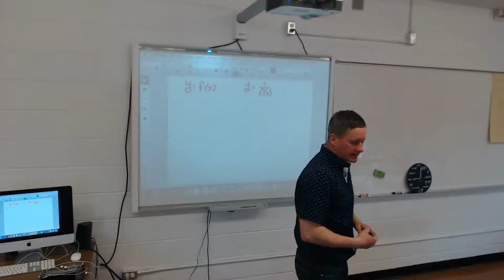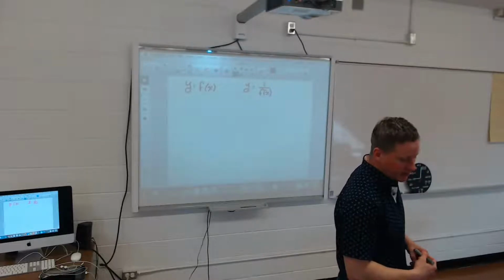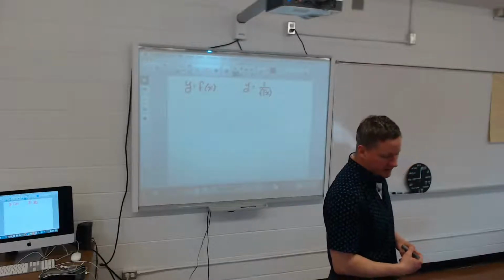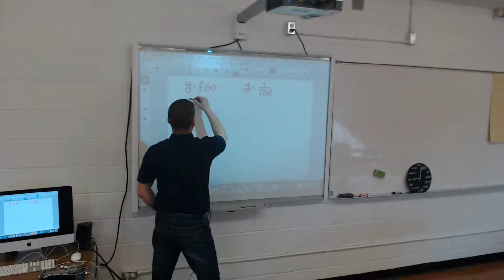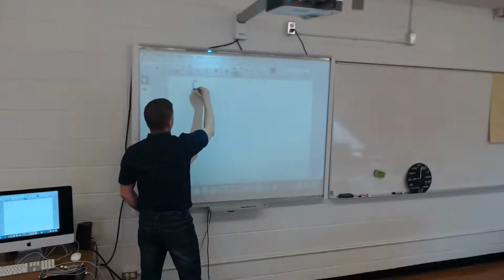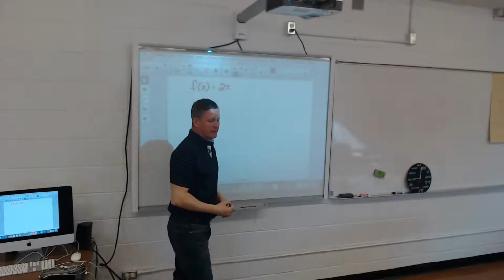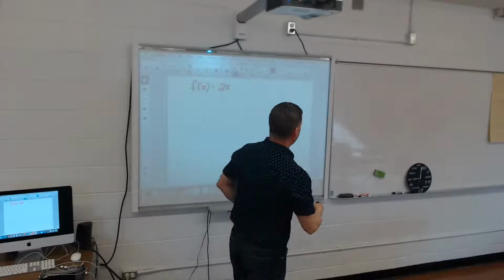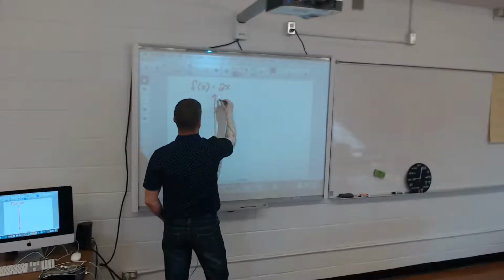and it says sketch the graph of y equals f of x and its reciprocal y equals 1 over f of x, where f of x is equal to 2x. Okay, so to begin with, f of x is equal to 2x. So that's the original graph. So I'm going to quickly sketch that graph.